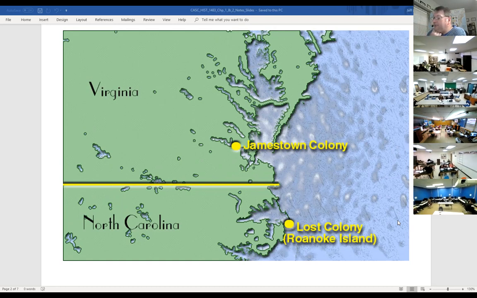So the colony turned around and rebounded in 1618. The head of the Virginia Company, a guy by the name of Sir Edwin Sandys, established a new policy called headright.